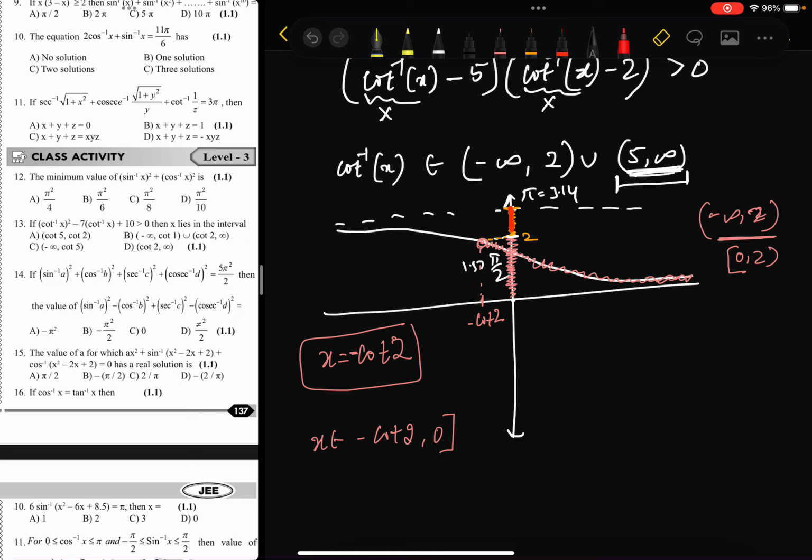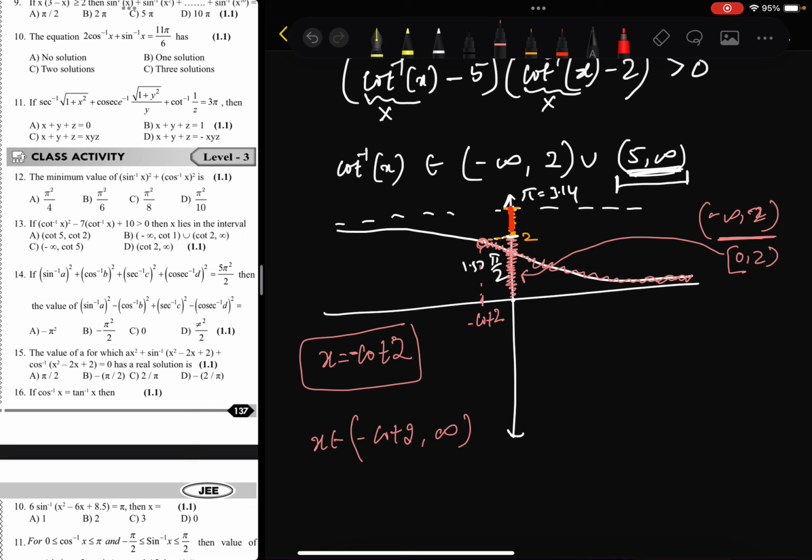For the value 0 to 2, this lies on the y-axis. For this value of cot inverse, what is the value of x? The value of x will lie on the x-axis. So from this point to infinity. Is cot 2 included? No, cot 2 is not included.